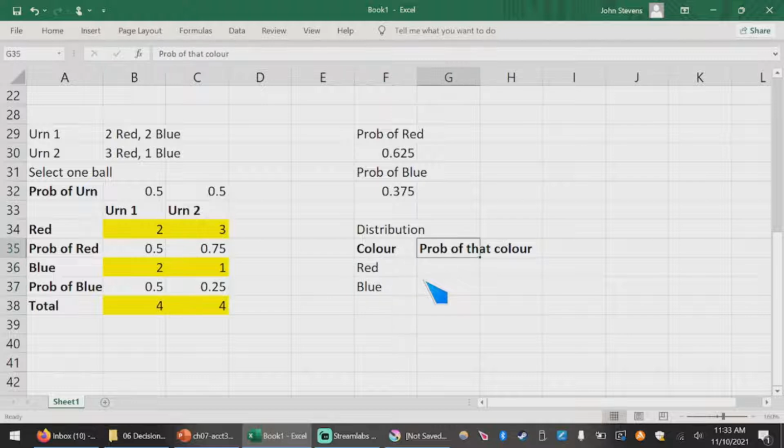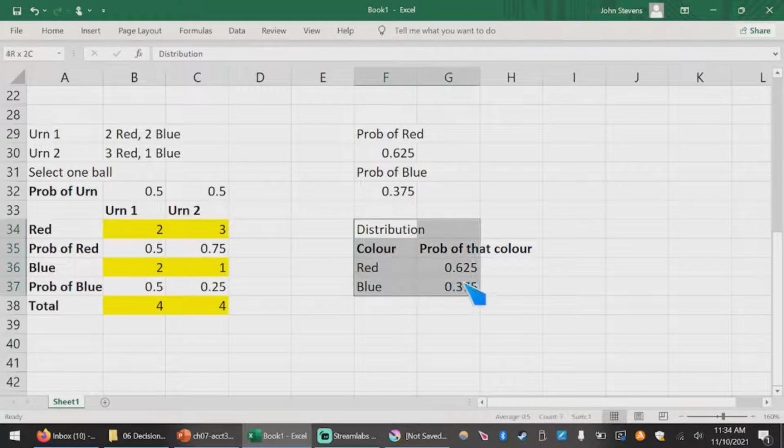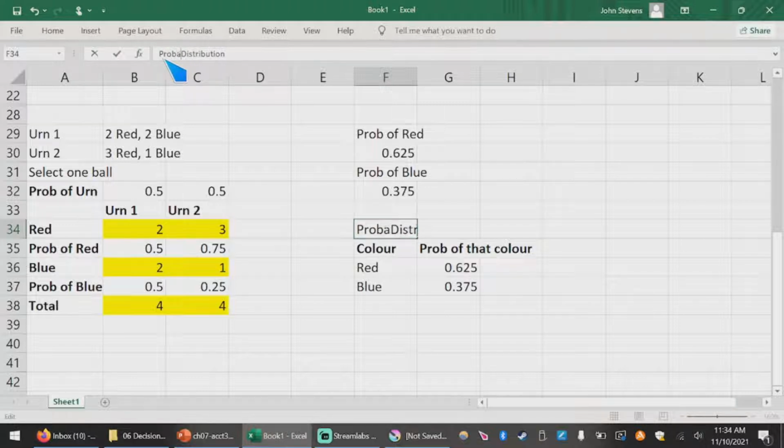The probability of red is 0.625: 62.5% of the time, I will end up with a red ball. And 37.5% of the time, I'll end up with a blue ball. So I have this, let's emphasize here, probability distribution for the color of the balls.